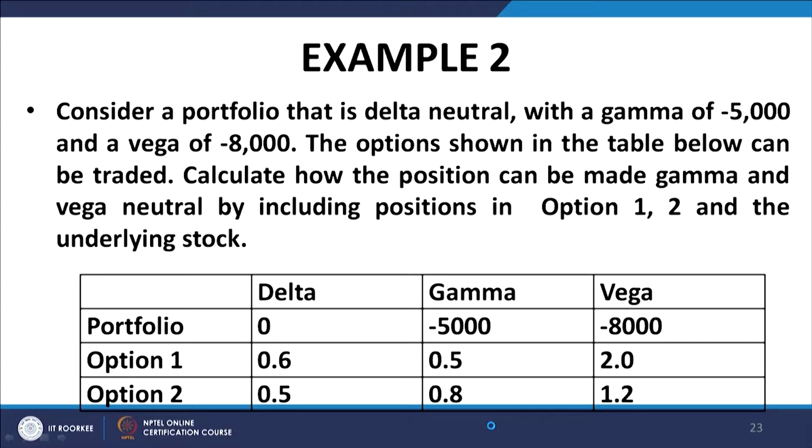So, my present position is delta is 0, gamma is minus 5000 and Vega is minus 8000. Let us assume that I take a position W 1 in option 1 and W 2 in option 2. Then because the weighted average delta, gamma, Vega of the constituents of the portfolio is the delta, gamma and Vega of the portfolio itself.